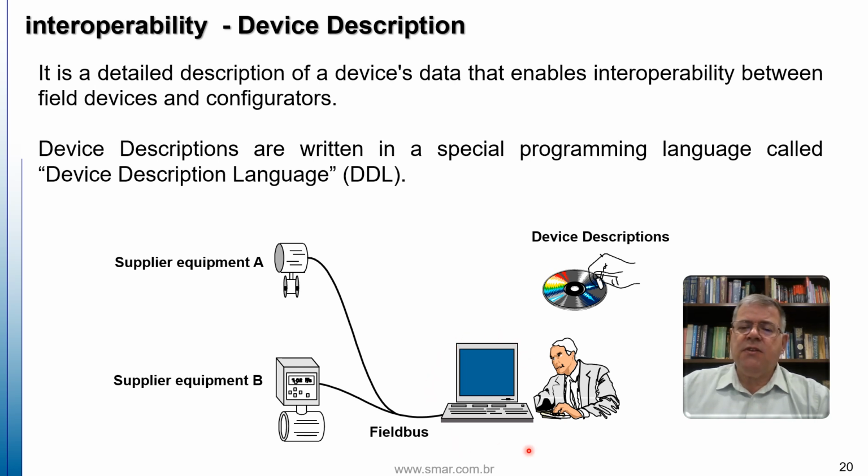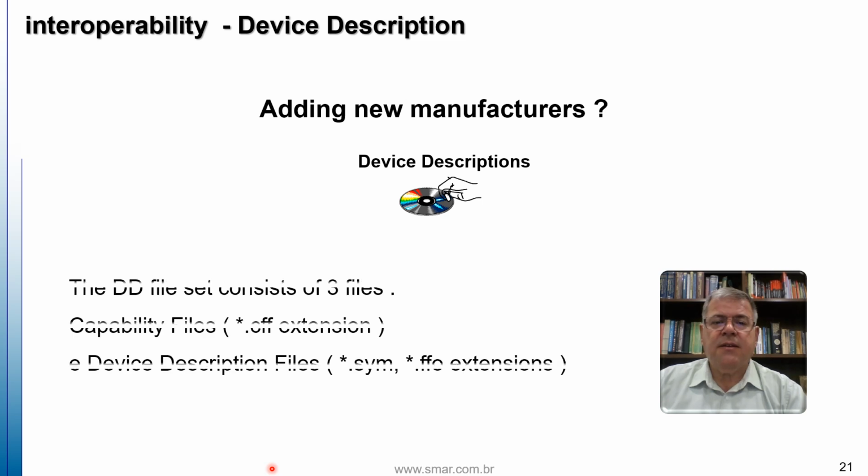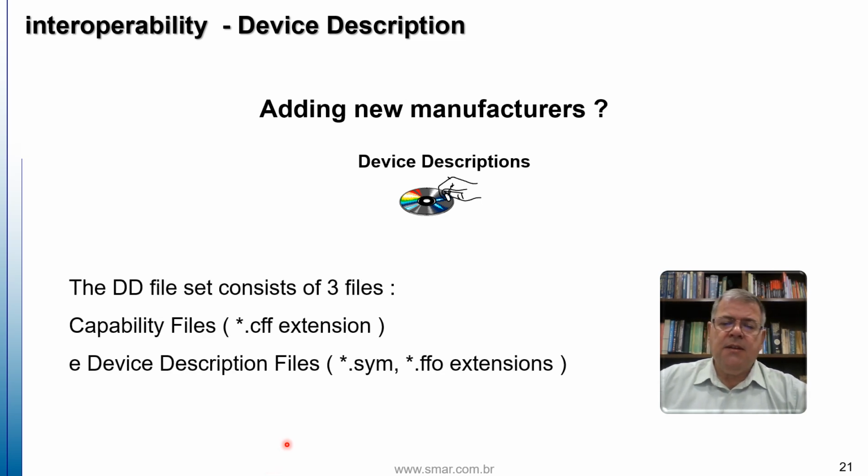The big advantage is that the configuration software is universal, fitting any manufacturer, integrating field manufacturers via DDL. Thus, via DDL and 3 files, we can incorporate new equipment into the configuration software. It's a great convenience.